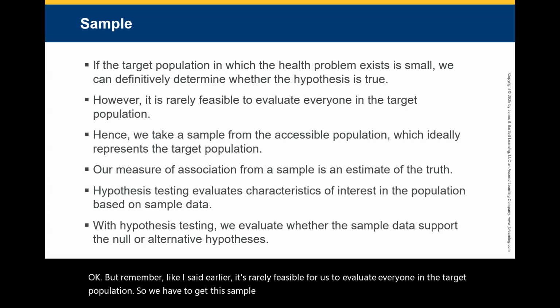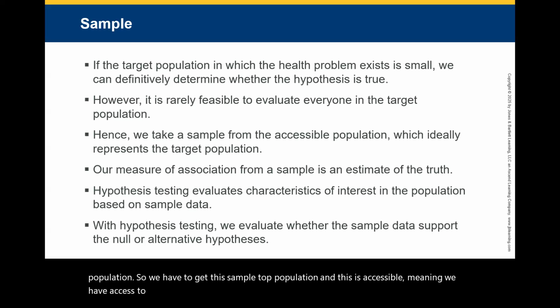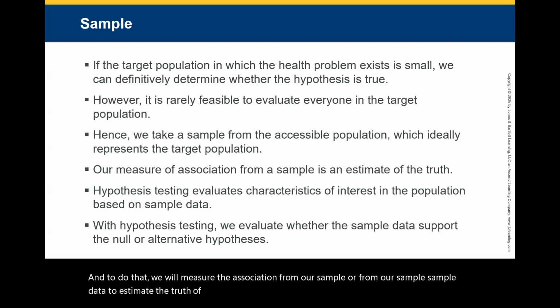And this is accessible, meaning we have access to this population. And we're hoping that they are going to ideally represent that target population. And to do that, we will measure the association from our sample data to estimate the truth of our hypotheses.